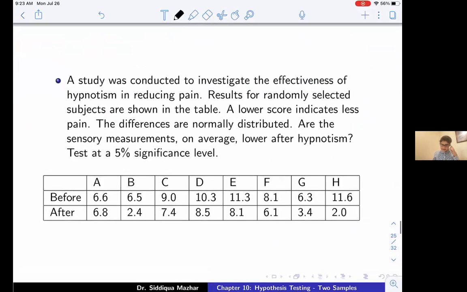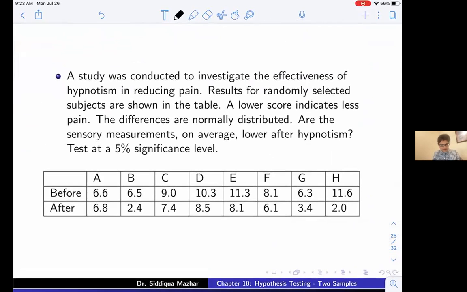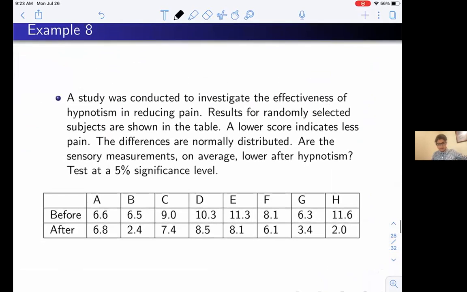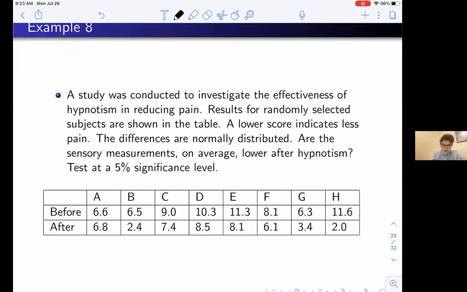The next one is the same again, paired data we are going to use. The next example: a study was conducted to investigate the effectiveness of hypnotism in reducing pain. So what they are going to do is study some patients. They give them some hypnotism.